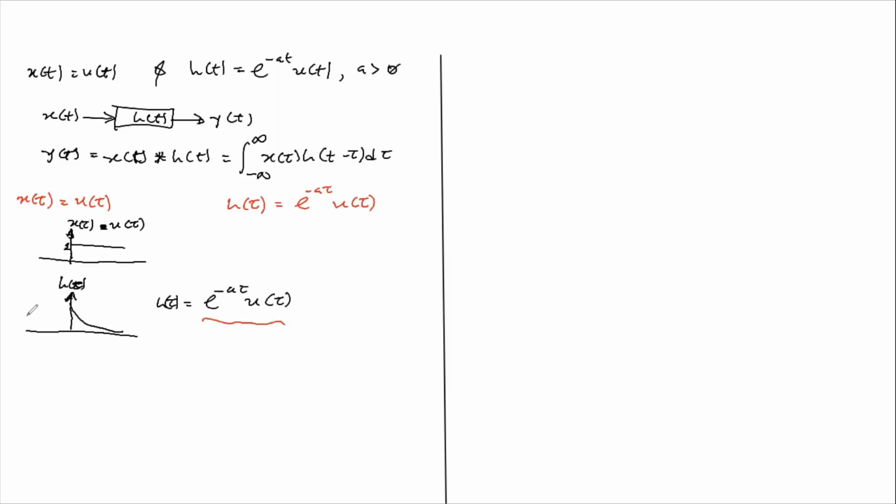The next thing to do is to obtain the time reversed version, h of minus tau, and that's as good as flipping about the time scale axis. This time scale axis here. So if we flip about the time scale axis, we get something like this.